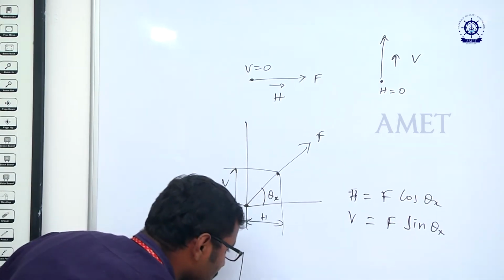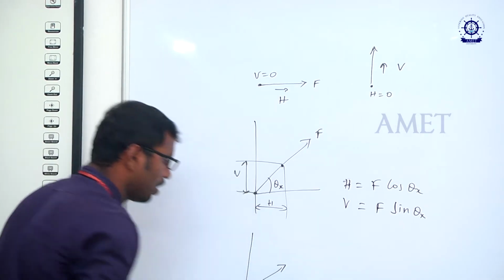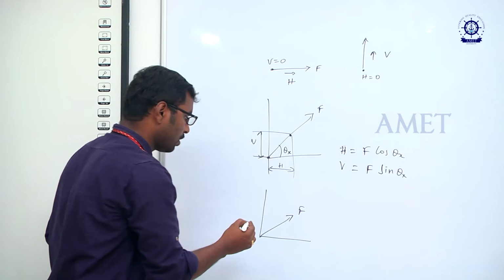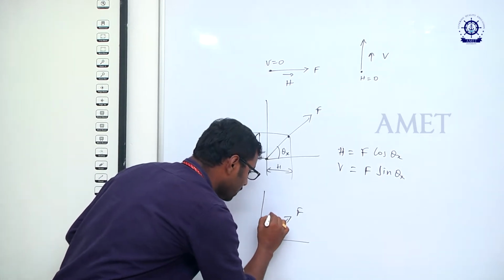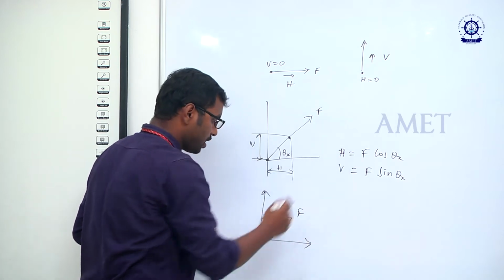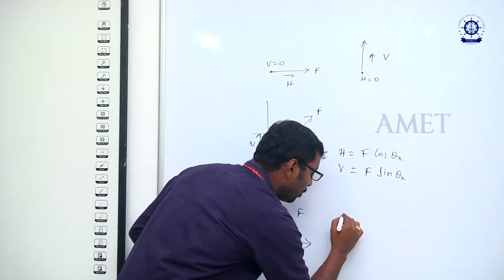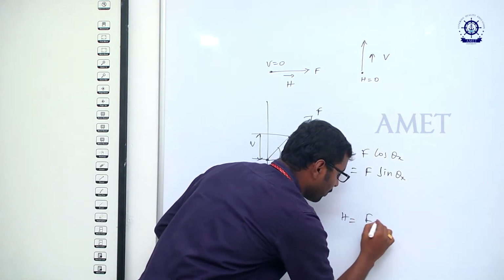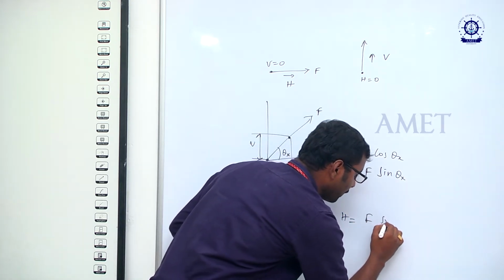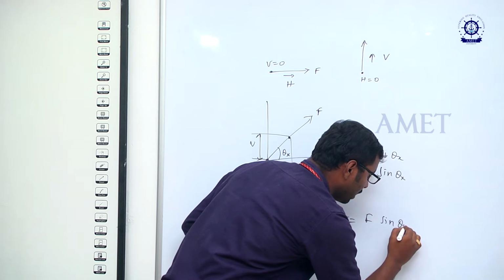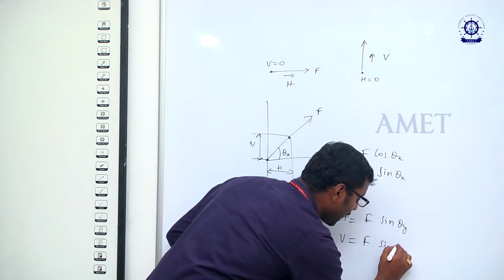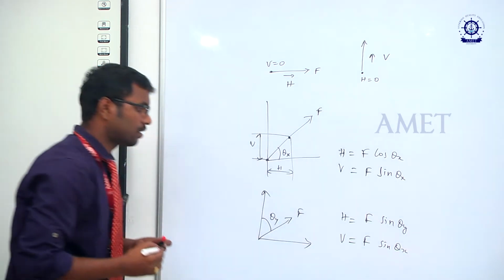In case the angle between the force and the vertical axis is given, the trigonometric function will change. For the horizontal component we need to apply F sin theta y, and for the vertical component F cos theta y.